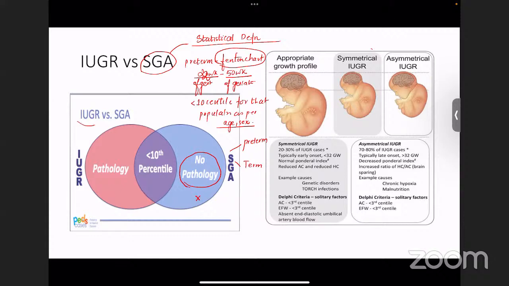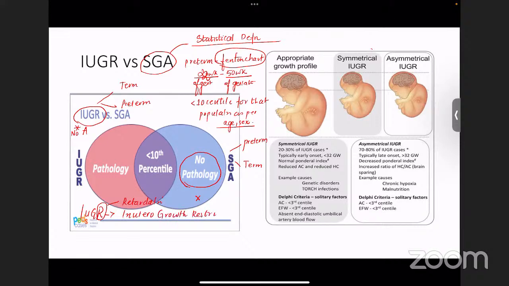But IUGR is also seen in both term and preterm babies, and there is no statistical definition for IUGR. What is IUGR? They will ask you what the acronym means. Initially the R was said to be retardation, but now the terminology has been changed. It is said to be in utero growth restriction, not retardation.